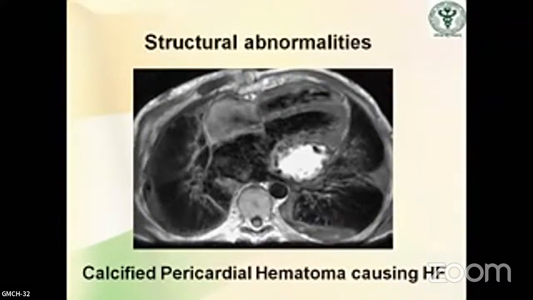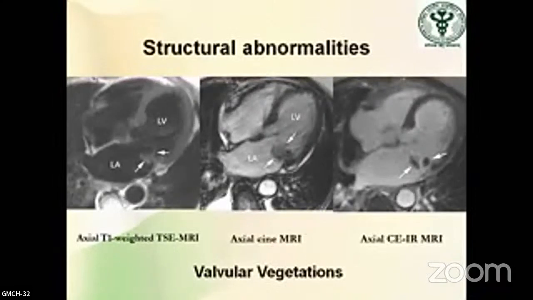Here is another example. This is a patient with pericardial disease. You can see blooming, you can see a calcified hematoma here, tubular ventricles, a dilated area. This is a constrictive pericarditis with a hematoma in the pericardium, which is causing failure. Another example here, normal structures with a valve.